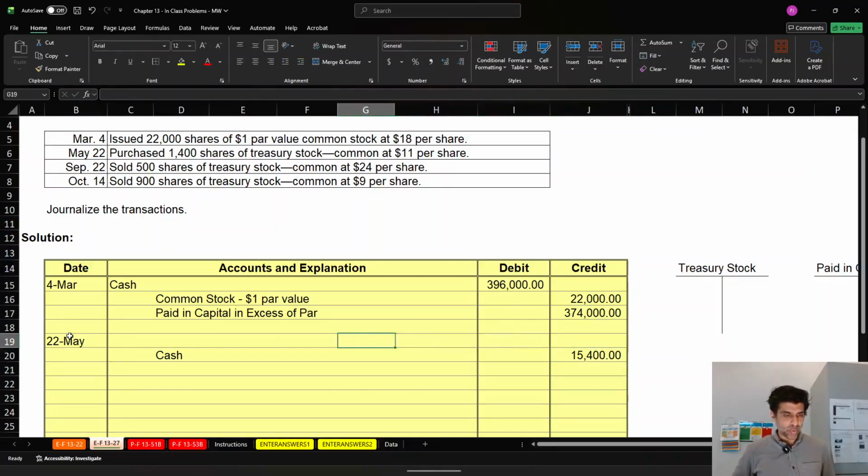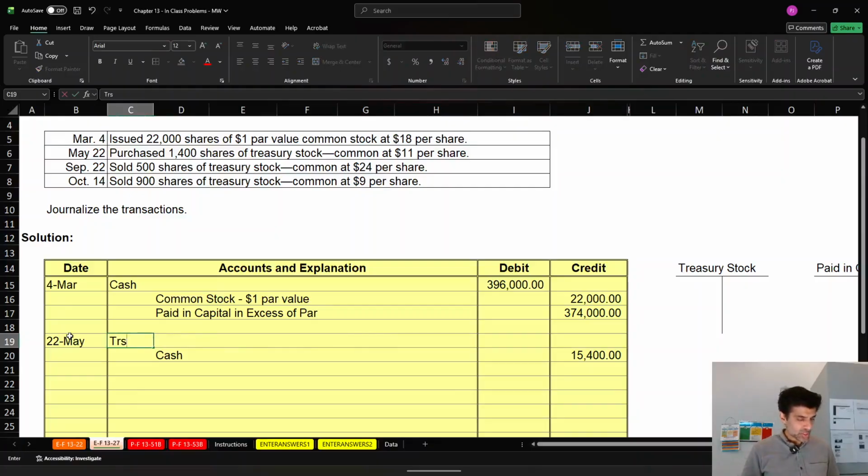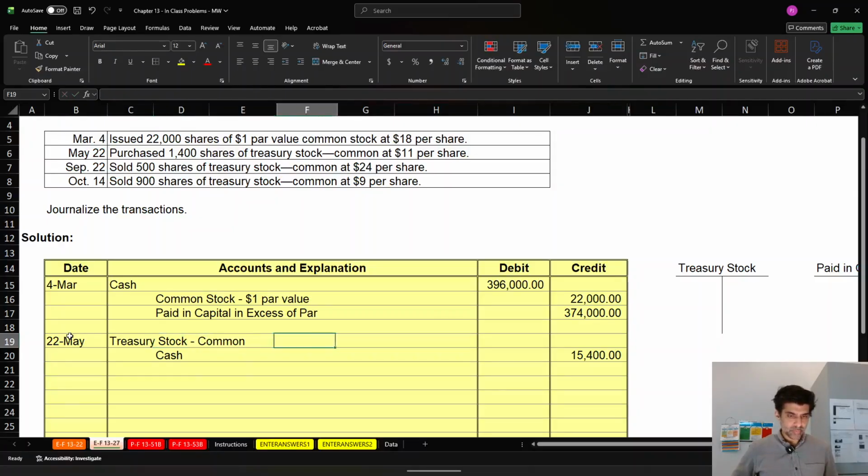And we're going to have that stored in this treasury stock common. Okay, so now we have this $15,400 debit balance.